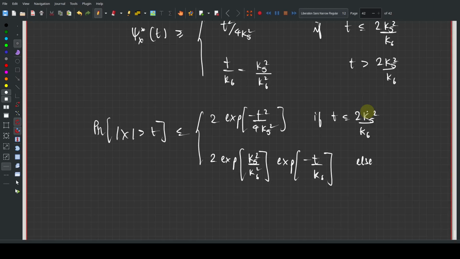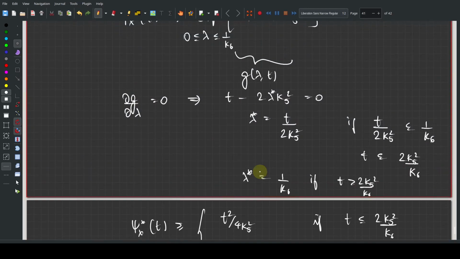Right? In fact, it is less than or equal to this for all values of t greater than 0. Because the lambda which achieves the maximum is equal to t by 2 k phi square if t by 2 k phi square is less than or equal to this.